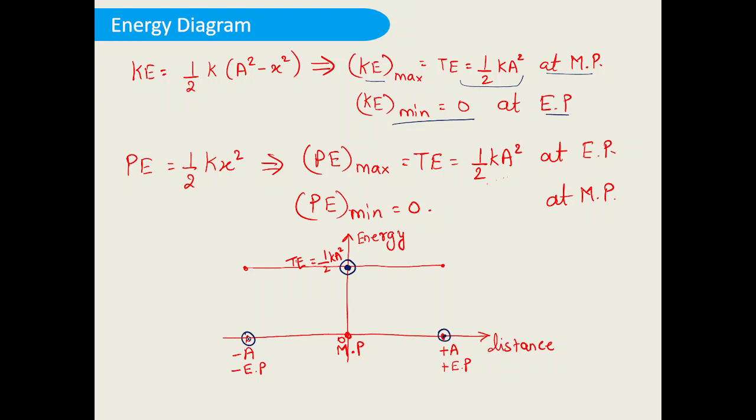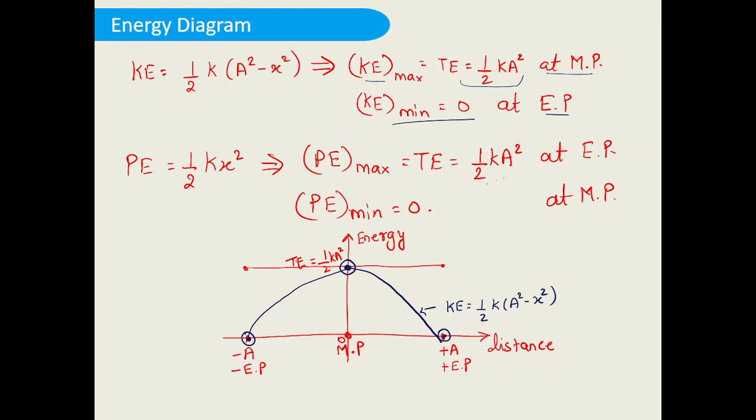So I can draw the parabolic graph like this. This graph is of kinetic energy. So here I can write kinetic energy, which is nothing but half k times a square minus x square.